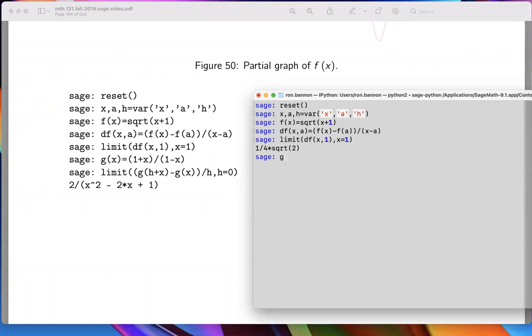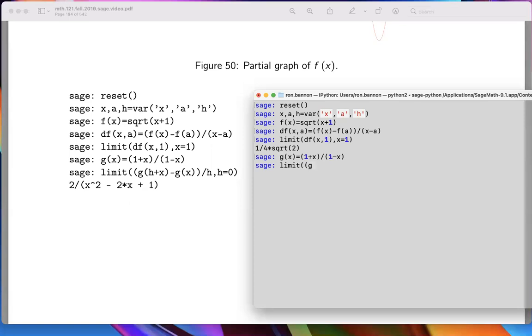Let's do G of X. G of X is a rational function, 1 plus X, divided by 1 minus X. All right, and then we want to do limit. And let's write this down. And this is the difference quotient.